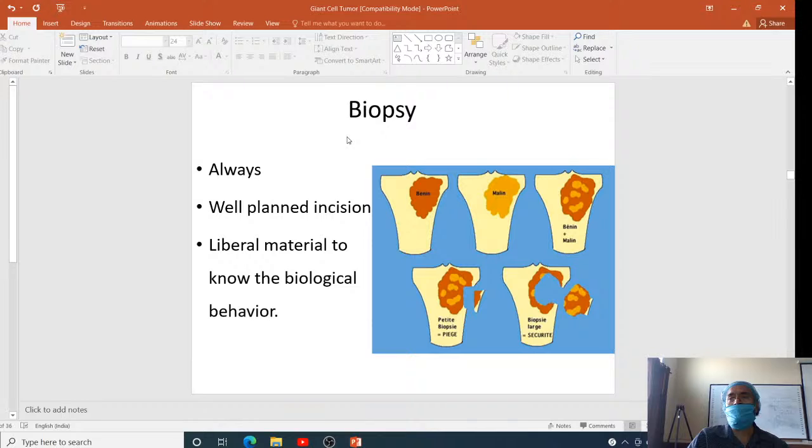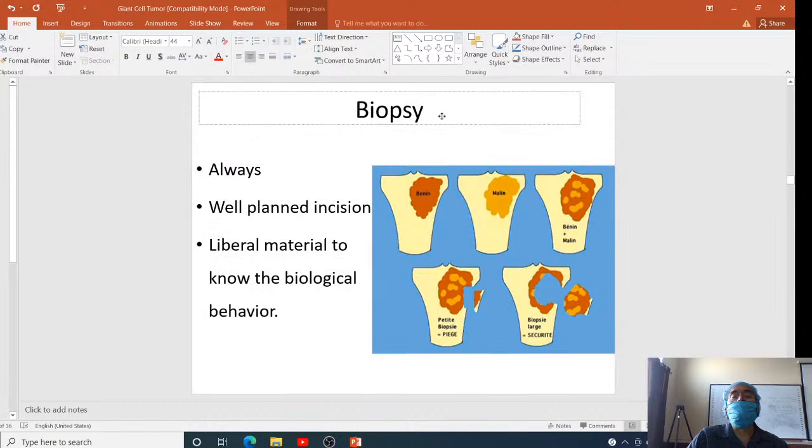Because once you operate, you are seeding. That means the tumor has a propensity to spread: once you cut a plane, the planes which were not infected before by the tumor cells will be exposed to the tumor cells, and the tumor may spread. So you should think twice before incising. So you should know all these things.